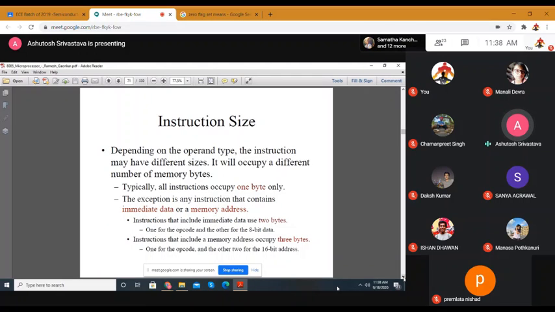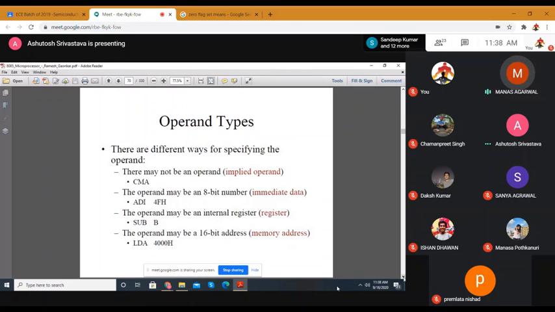I think we have already talked about this instruction size. Sir, what is this implied operand? So these are different types which you would be using. Implied basically means here you're not using any kind of data.